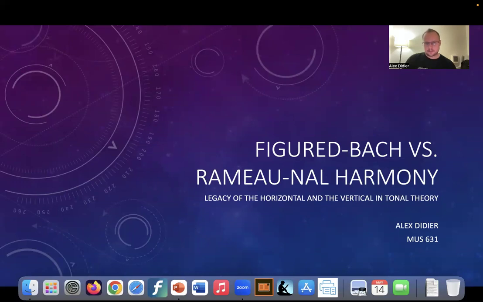The horizontal and vertical aspect shall be explained hopefully throughout the presentation. But in a nutshell, it's do we understand harmony as a single block chord moving from the next block chord, or do we understand harmony as an expansive set of figures that unfolds over time?